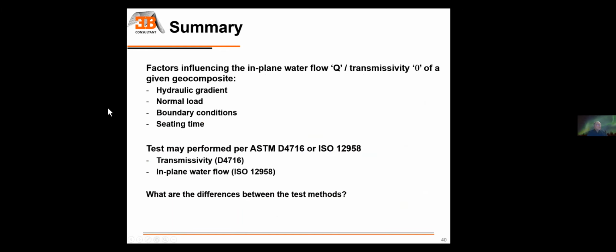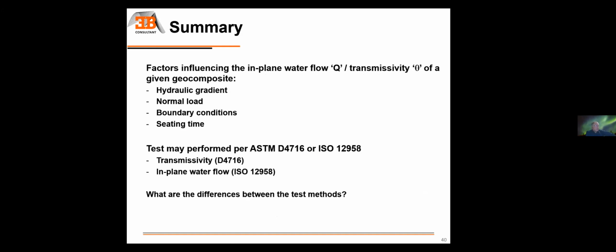So in summary, if we look at the factors influencing the in-plane flow capacity or the transmissivity of a geocomposite, the hydraulic gradient, the normal load, the boundary conditions, and the seating time are going to be critical factors that must be defined to obtain a value that has a meaning.